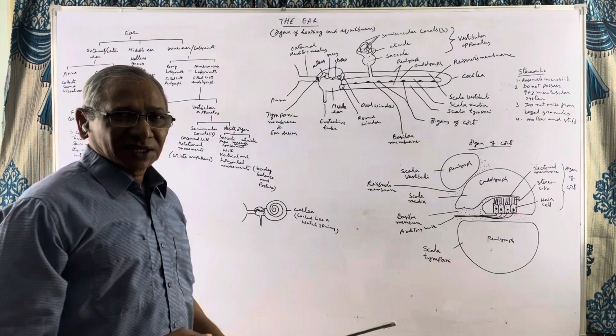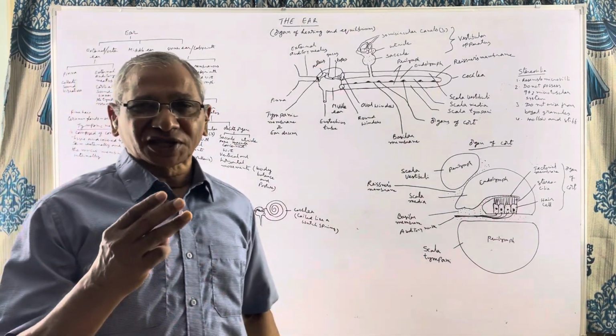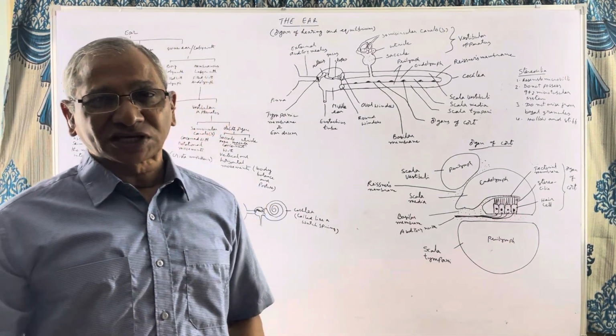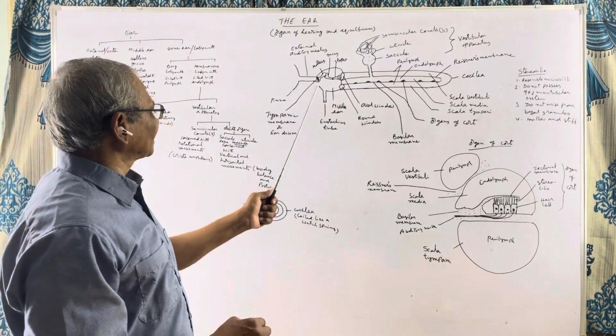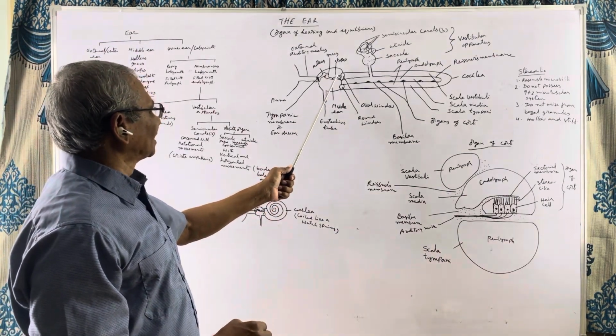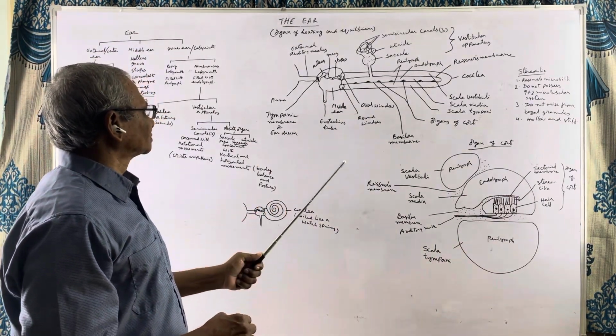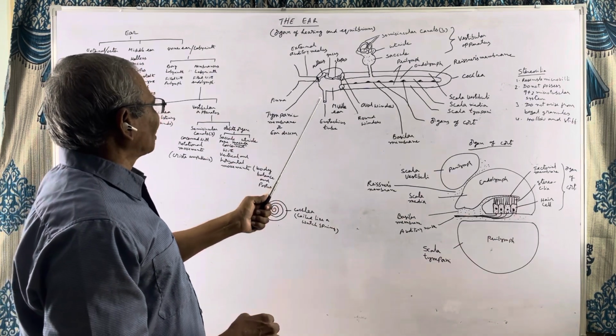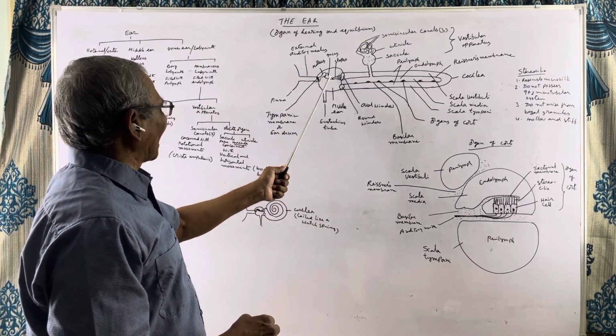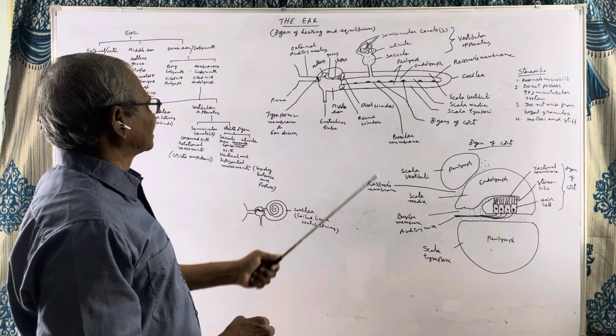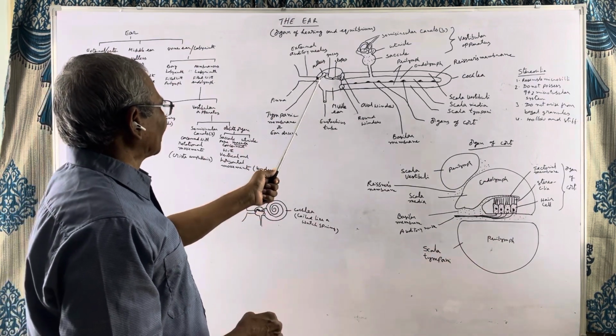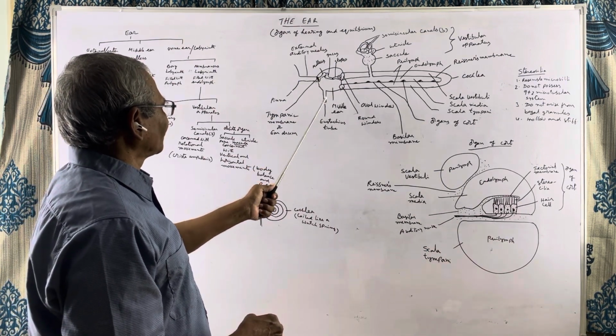In the middle ear, there is a chain of three bones known as ear ossicles. They are called malleus, incus, and stapes. They are also commonly known as hammer, anvil, and stirrup. Malleus is attached to the tympanic membrane.